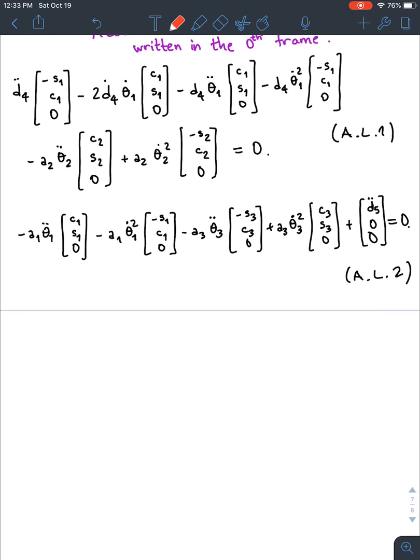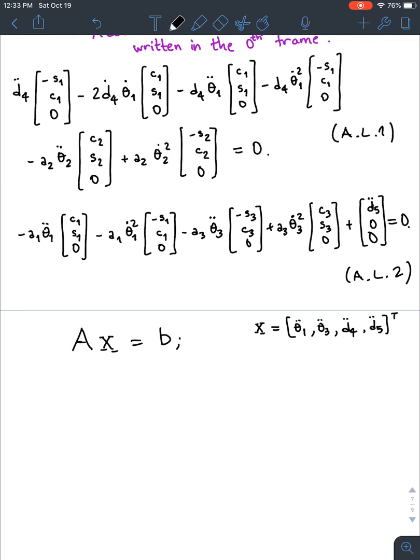Okay, so I'm gonna set up an equation, just like I did for the velocity level equations, that looks like Ax equals b, where x contains my unknowns, which are what? Theta 1 double dot, theta 3 double dot, d4 double dot, and d5 double dot.